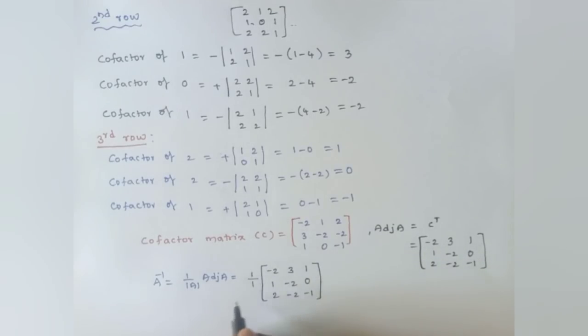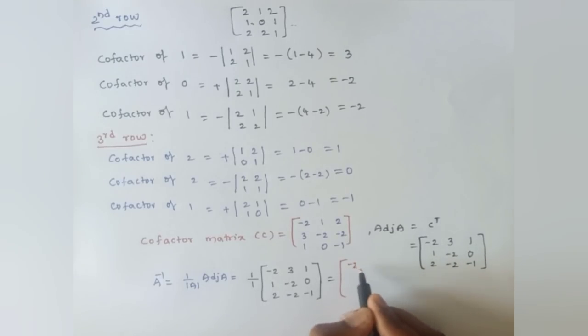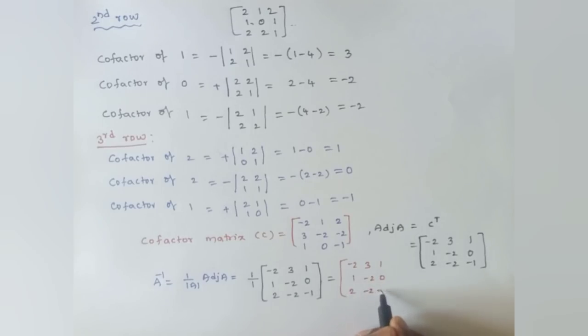So here 1 by 1 means 1 only. So finally the final result is -2 3 1, 1 -2 0, 2 -2 -1. So this is the inverse of the given matrix.